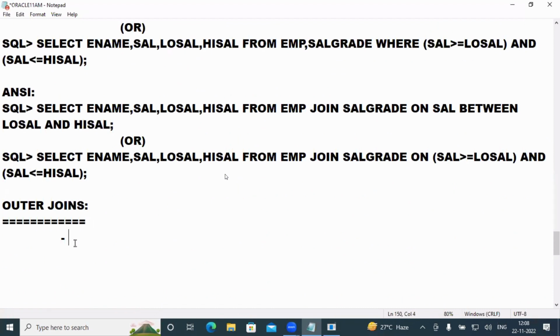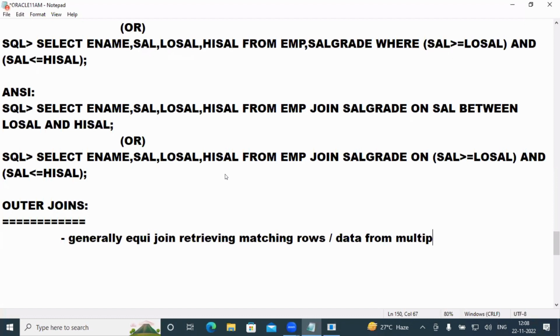Now what I'm saying here? Generally, equijoin retrieves matching rows or data from multiple tables, but not unmatching rows or data.